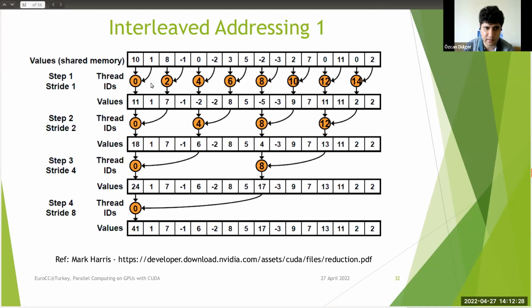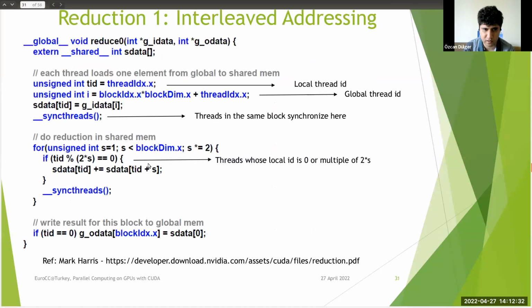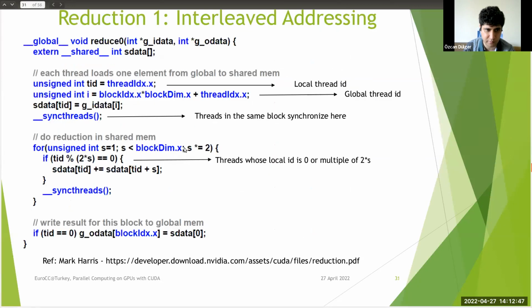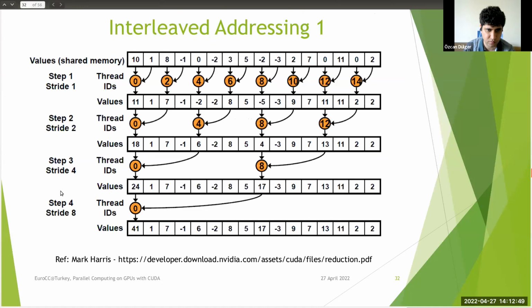In the second iteration of the for loop, the stride will be 2. That means stride is s here. In the second iteration, s will be 2. In the third iteration, s will be 4. And in the fourth iteration, s will be 8. This for loop iterates 4 times, as you see, 1, 2, 3, 4.